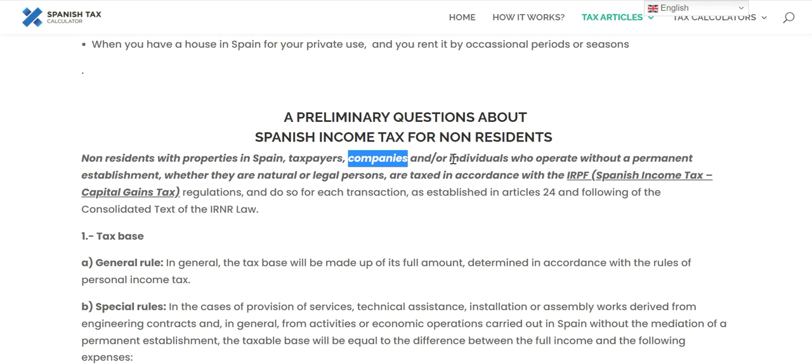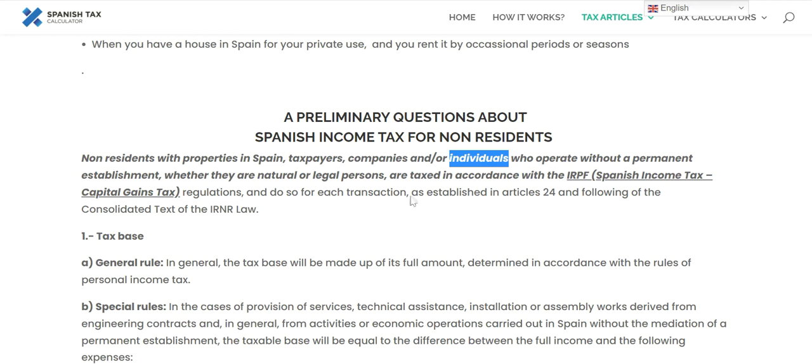Talking about individuals, we are talking about residents in another country which for some reason are operating in the Spanish system. The most typical case is the foreigners who have properties in Spain as a secondary residence that they use as vacations or sometimes also as a source of income, for example, renting.